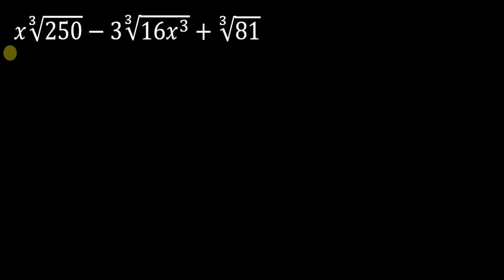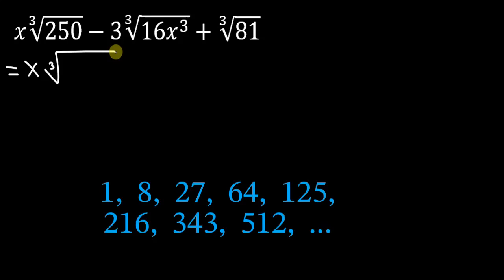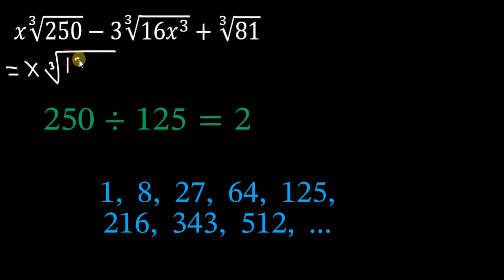How about x cube root of 250 minus 3 cube root of 16x cubed plus cube root of 81? Okay, so we can write this as, so yung x nasa labas na dati. Then cube root of 250. So we can write this as 125 times 2.